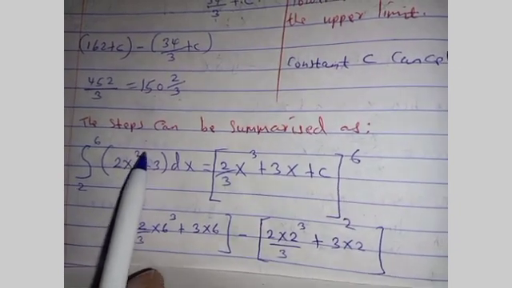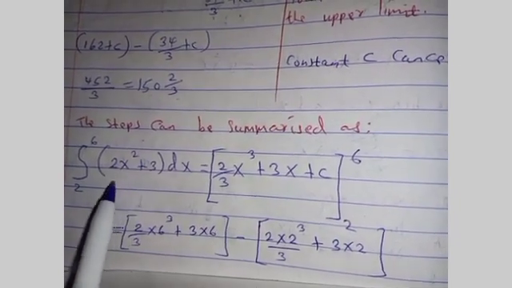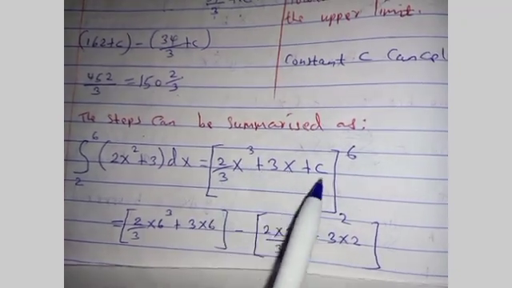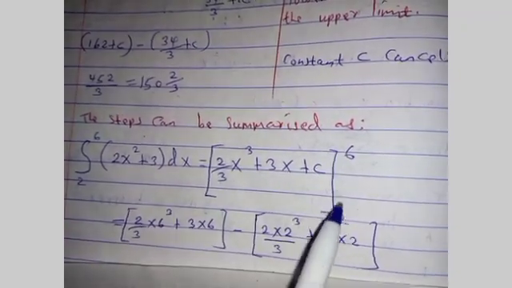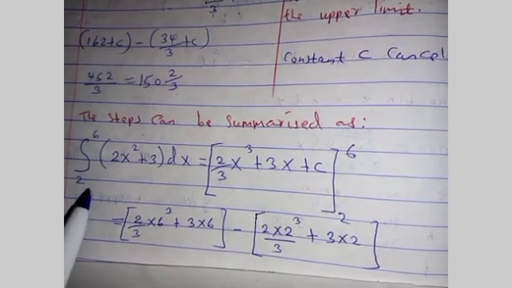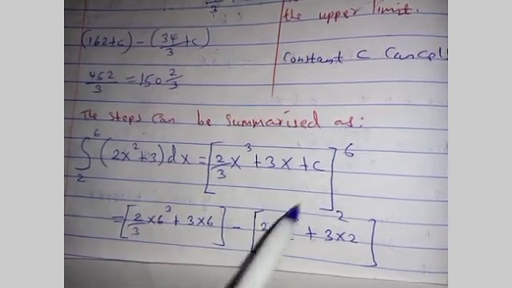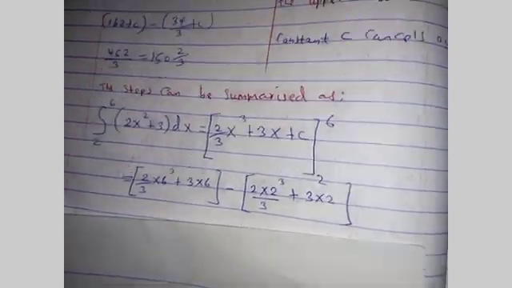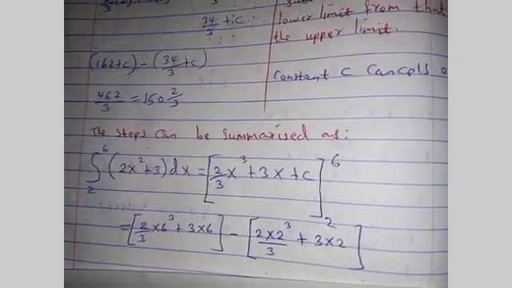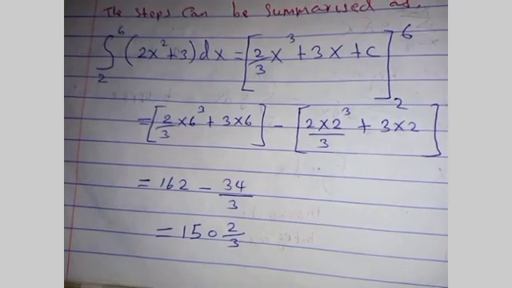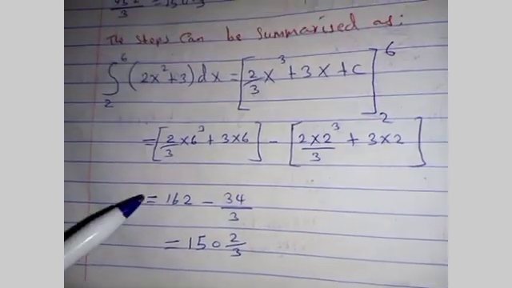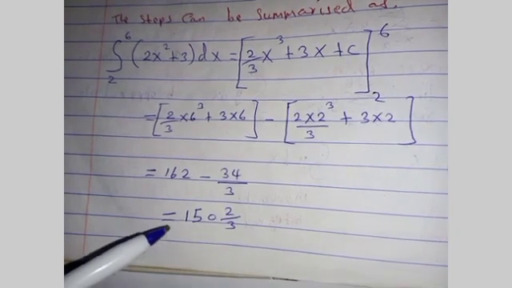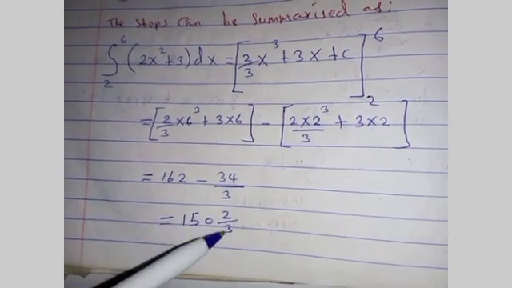Always add 1 to the index and divide by the result. So you have 2 over 3 x cubed plus 3x plus c. Then you insert the lower limit and the upper limit in the square bracket as shown. You substitute as shown there, and then you simplify as done here. So you simplify 162 minus 34 over 3, which is equal to 152 over 3.